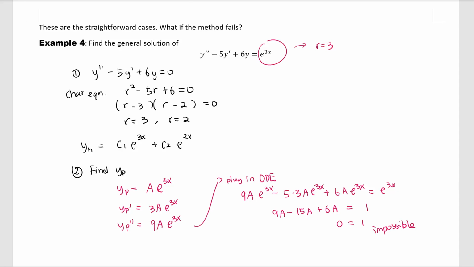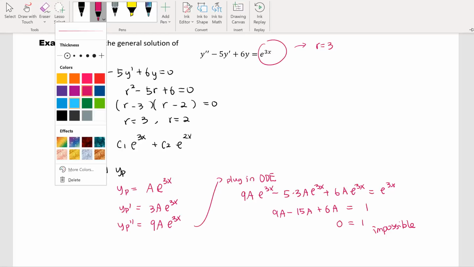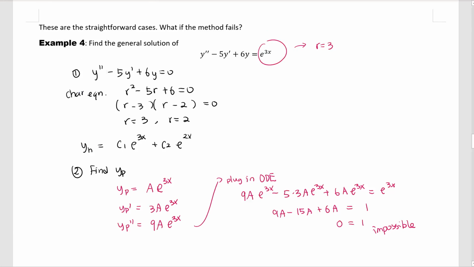So what happened? Why did our method fail? Let me use, do you like green? If you look back at our homogeneous equation, do you see this part? e to the 3x is actually in the homogeneous solution.